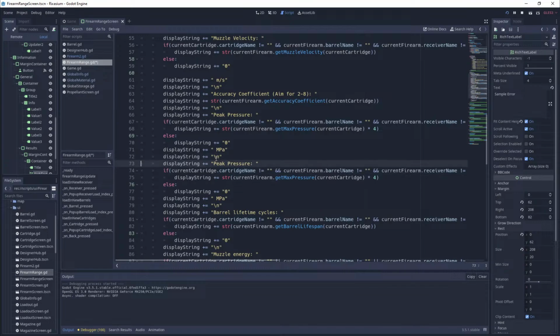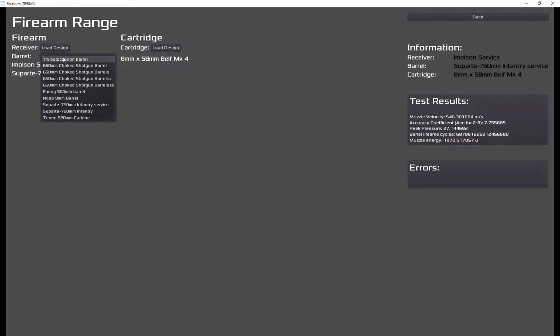Okay. This one's different, so I'm gonna have to check this one out. I don't know what this one is necessarily used for that much, but let's just check it out.